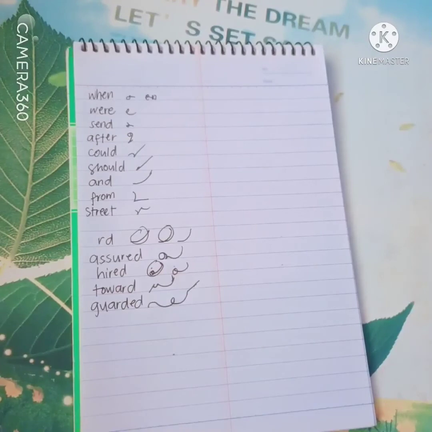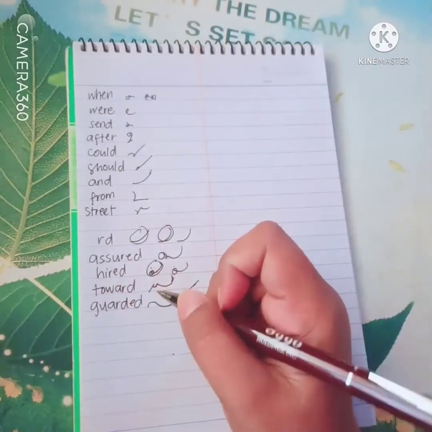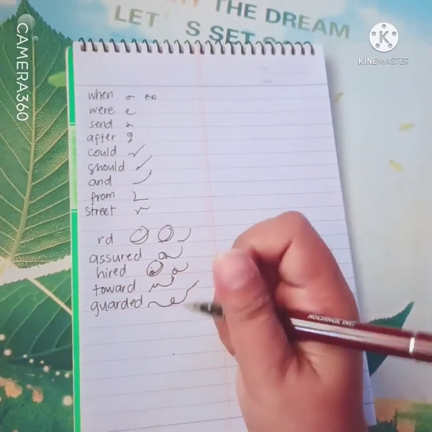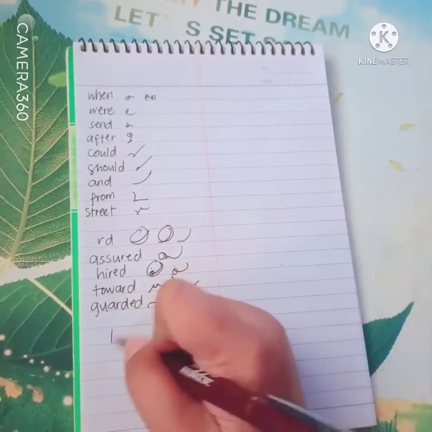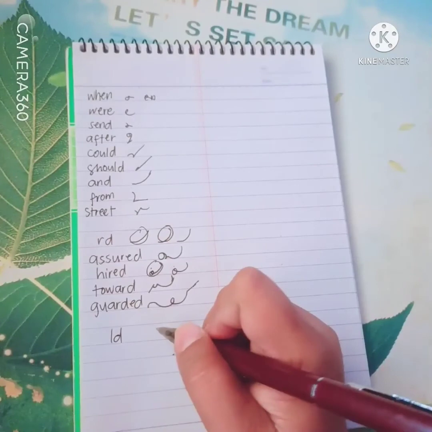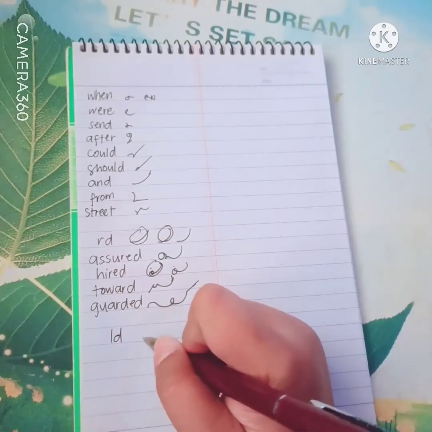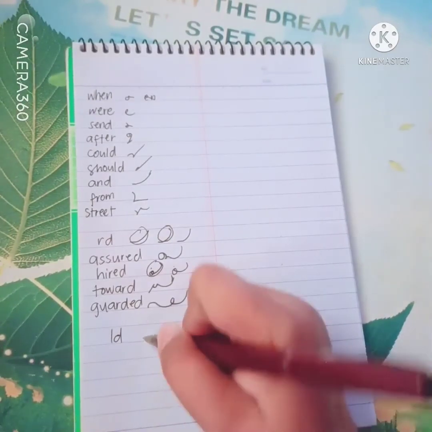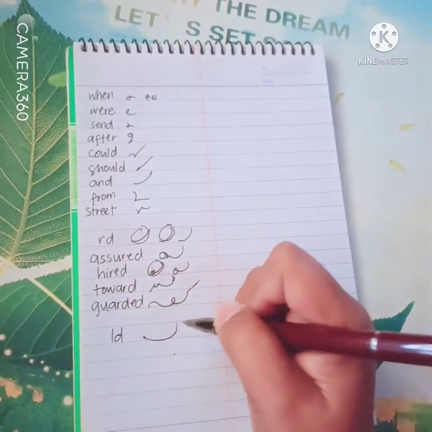Another letter ending is LD. An example of this one: you can use L and then a high curve, like that.